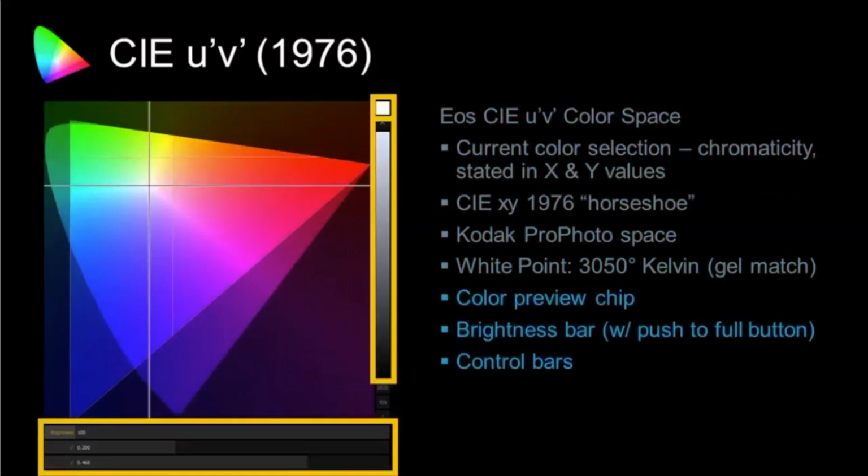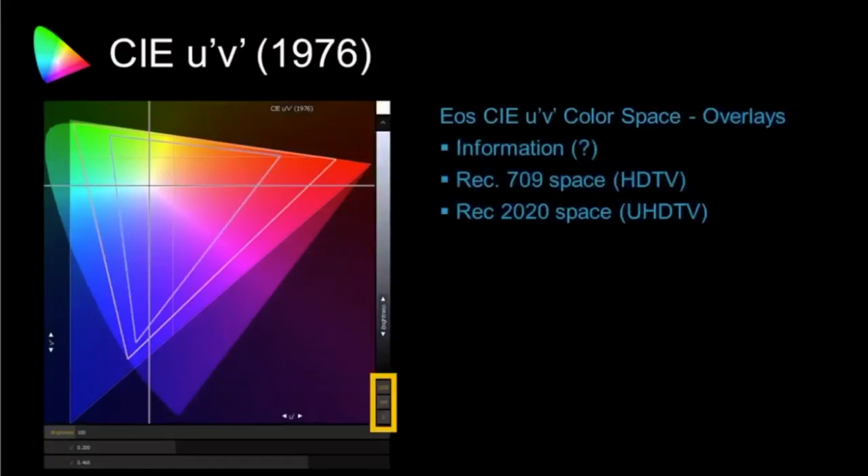We give you adjustment tools for your brightness for your color chip, and then your control bars on the bottom. And then we also give you the information and then the Rec 709 and 2020 spaces. So all this stuff exists the same. Again, the space is just a little bit different.